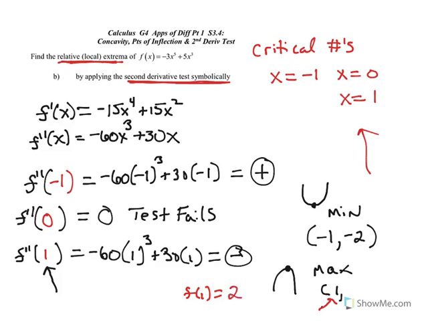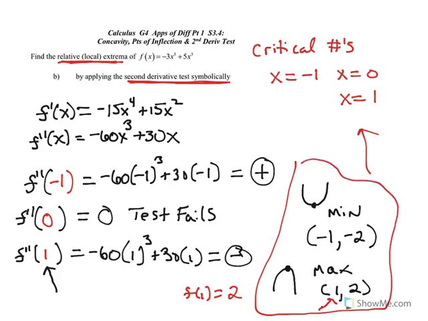So the y value on f where that maximum occurs is 2. So that is finding the same information as part A, where's the min and the max, but we used a different technique. We put the critical numbers into the second derivative to look at the curvature, and the curvature can also tell us whether we have a min or a max.